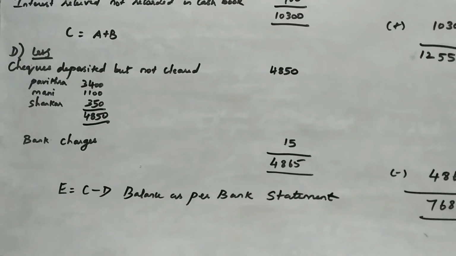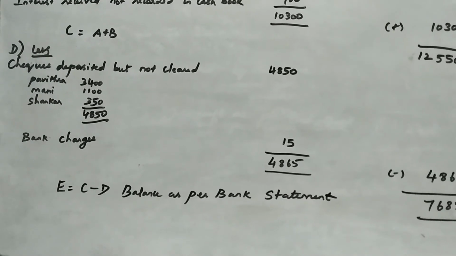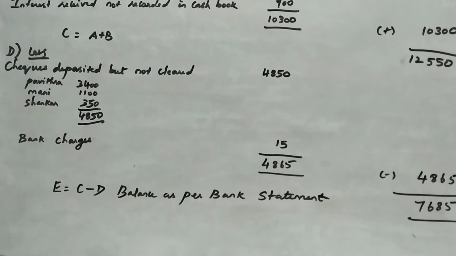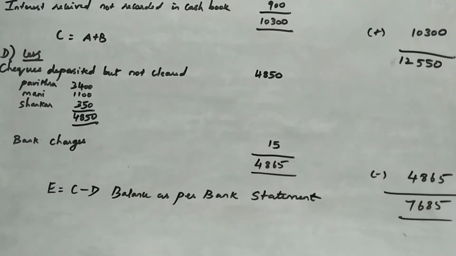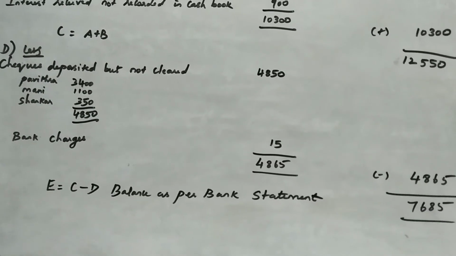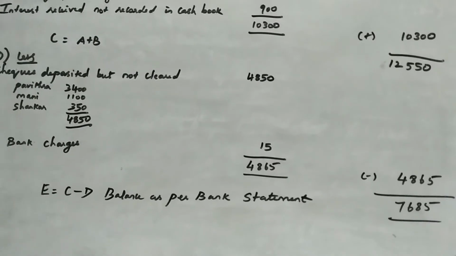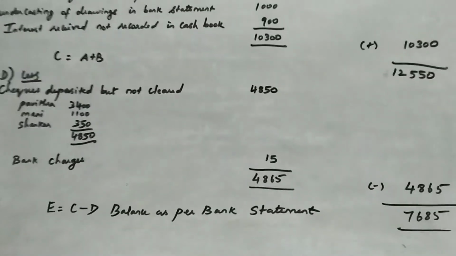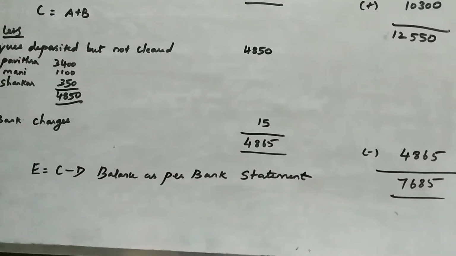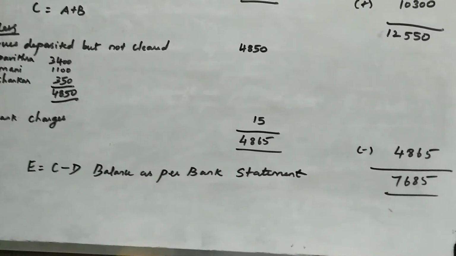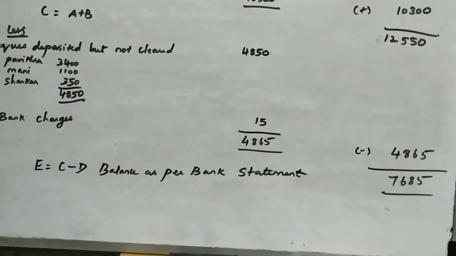Once we receive a check, we will add it up in our cash book. And those checks are being deposited with the bank, but not yet cleared, not yet credited. Cash is more, bank balance is less. What has to be done? We have to deduct. 4,850 will be deducted. Similarly, the last item on the debit side of the bank statement, bank charges 15, has been deducted from our account.